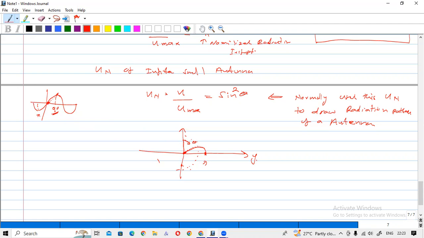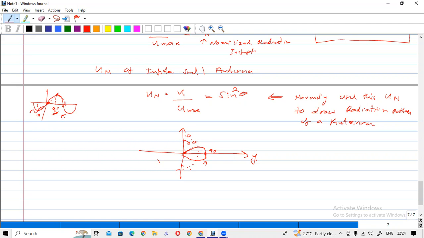So here theta is 0, here theta is 90, and this is 90 to 180, that means 90 to pi, pi by 2 to pi. Again theta is decreasing like this.